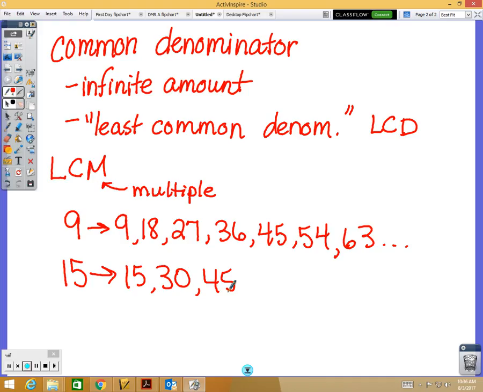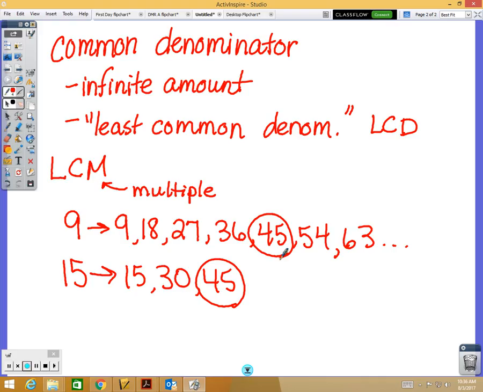No. There would be absolutely no reason to go past 45 because when I get to the 45, I'm looking up here at my other list, and I'm looking for a number that's up there. And as soon as I find one, I want to stop. I don't want to do any more work than what I have to do.